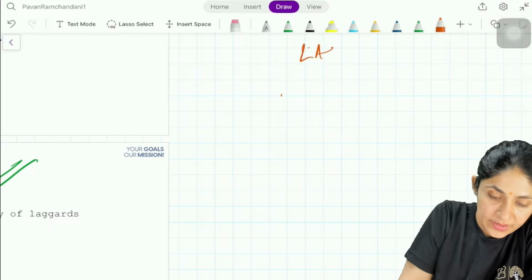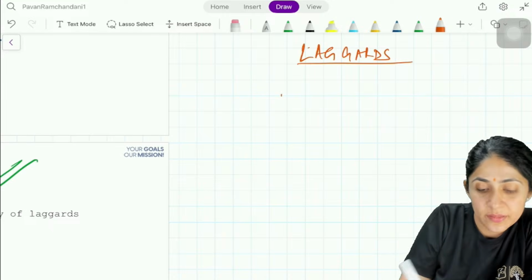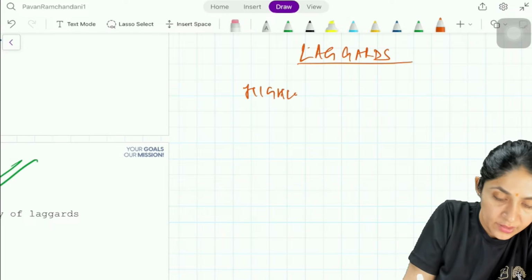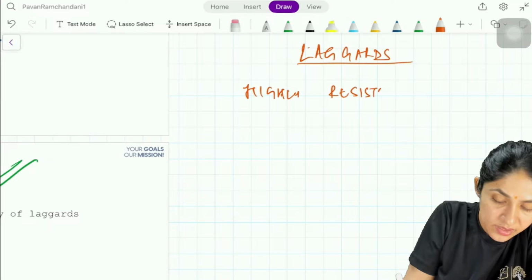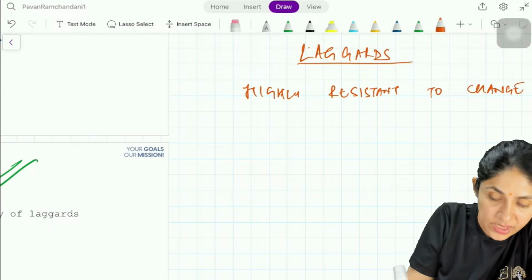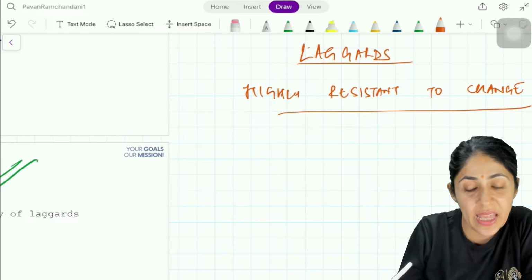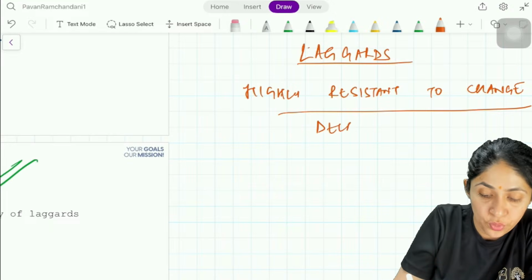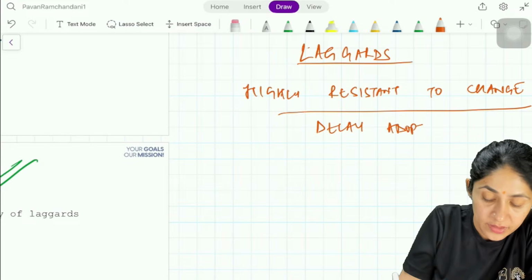Laggards are nothing but people who are highly resistant. They resist change, and they delay and do not adopt behaviors easily.